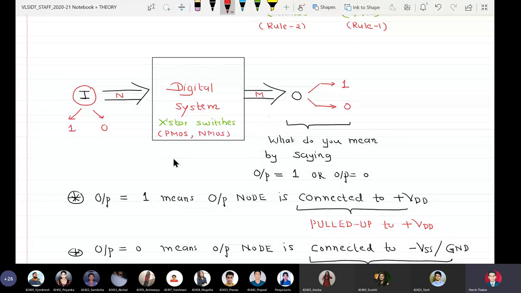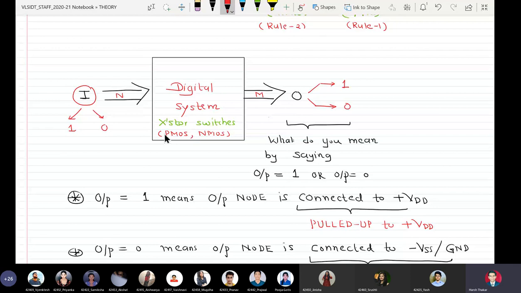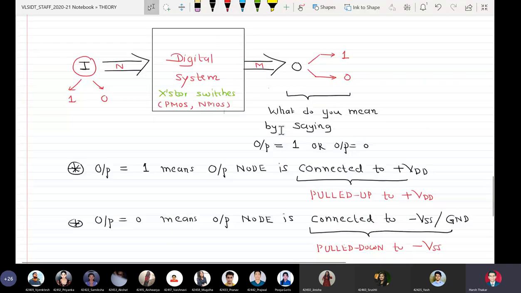A digital system implemented using MOS logic will contain either PMOS or NMOS or a combination of both. So basically, switches are the ones who connect and disconnect the output node to VDD or ground.